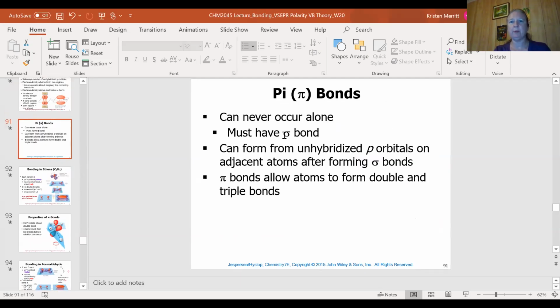You start with the sigma. And they can be formed from unhybridized orbitals. In other words, if you have hybridization, they form the sigma bond. You can still have p orbitals or d orbitals that are not involved in that hybridization that can be involved in your double and triple bonds.